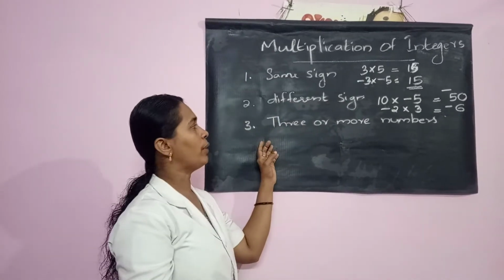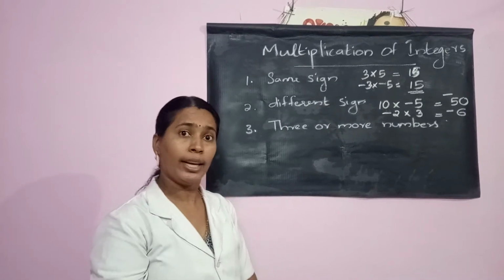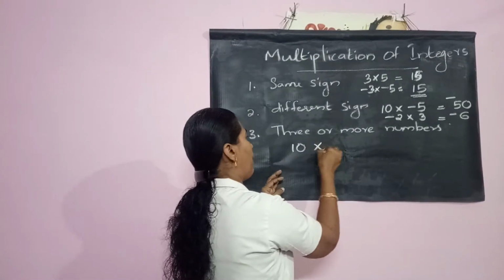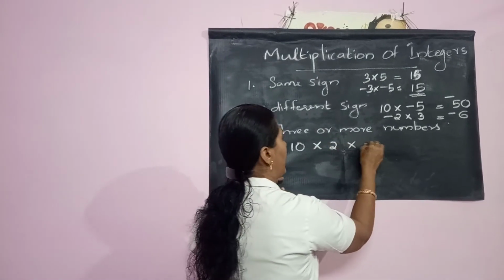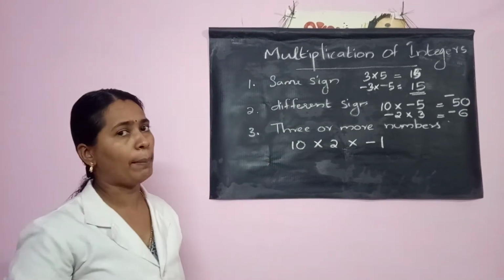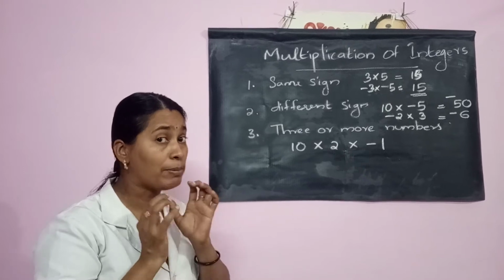Now we are going to consider 3 or more numbers. Let me take the first number as 10, the second number as 2 and the third number as minus 1. First you multiply the numbers with their absolute values.